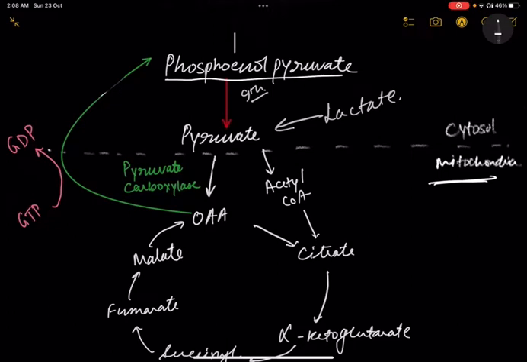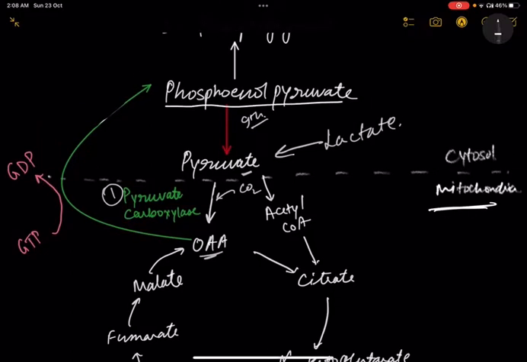Okay. So lactate is first converted into pyruvate, then pyruvate is converted into oxaloacetic acid, and this is the first key enzyme, which is pyruvate carboxylase. So one carbon dioxide will come and pyruvate will be converted into oxaloacetic acid through pyruvate carboxylase.